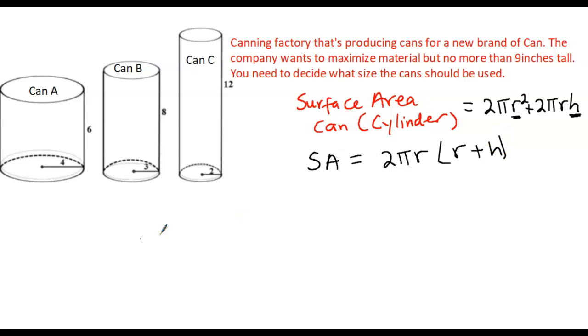Normally this helps them to work so quick. So when we come to can A, 2, so here we are going to take pi to be 3.14.